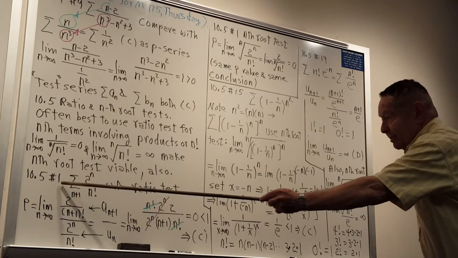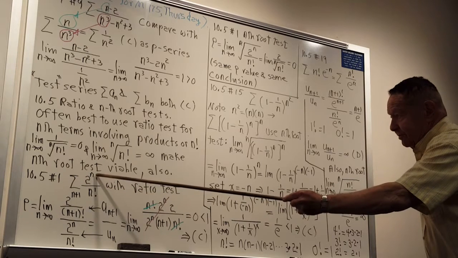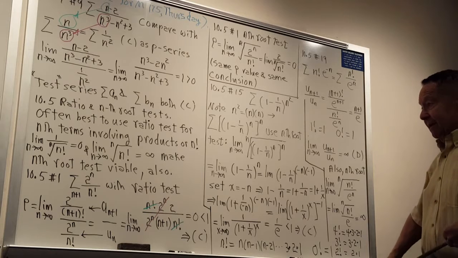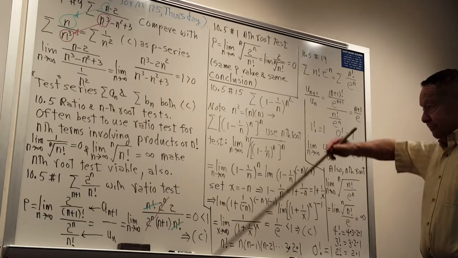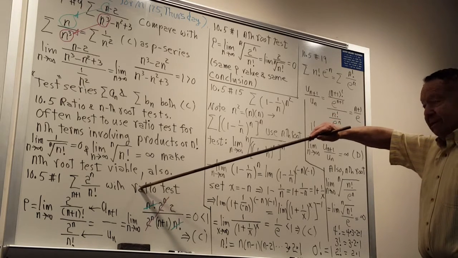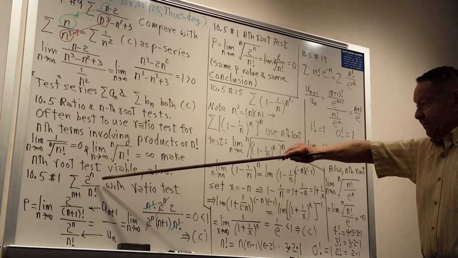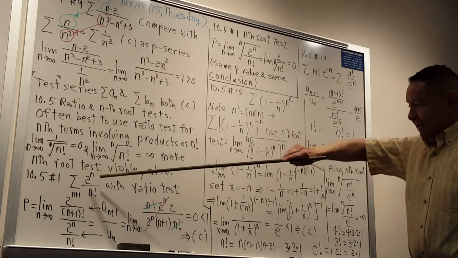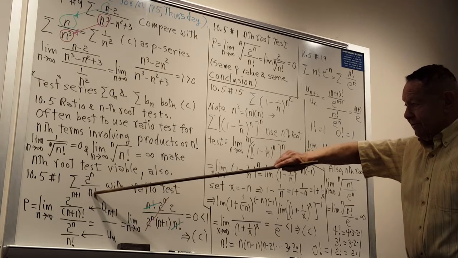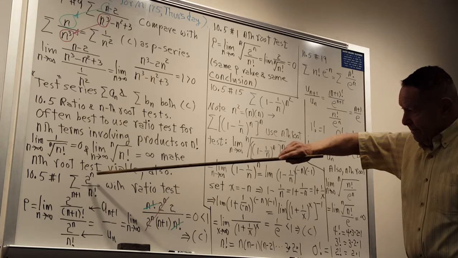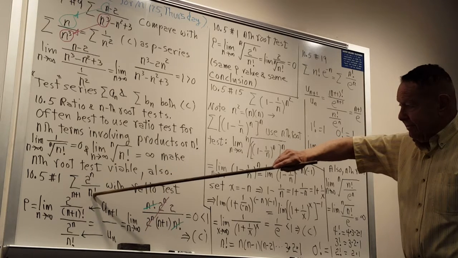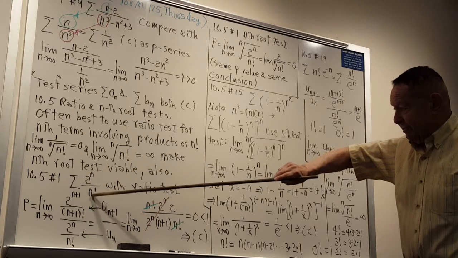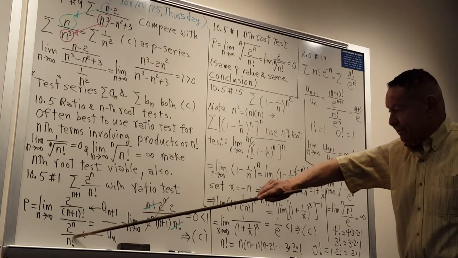So if you look at problem 1, you have 2 to the nth over n factorial. And if you want to do it as a ratio test, then you take the limiting ratio of your n plus first term, which would be this formula with n made into n plus 1, divided by the nth term, which is this formula as it's given.